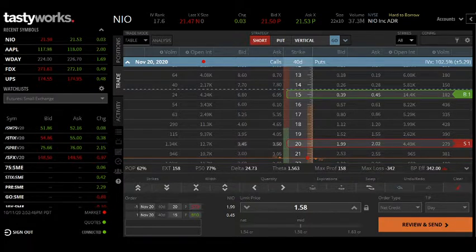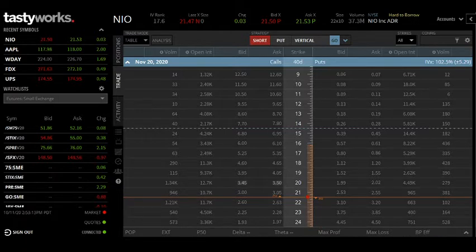Yes, you could still do this. Its probability is less, at 62 instead of 68. Probability of 50% is at 77 instead of 80. So you still have a decent probability, but in my opinion, it's not worth it. The risk to reward is too close to being in the money. If something goes wrong, you're way more likely to get your spread in the money.